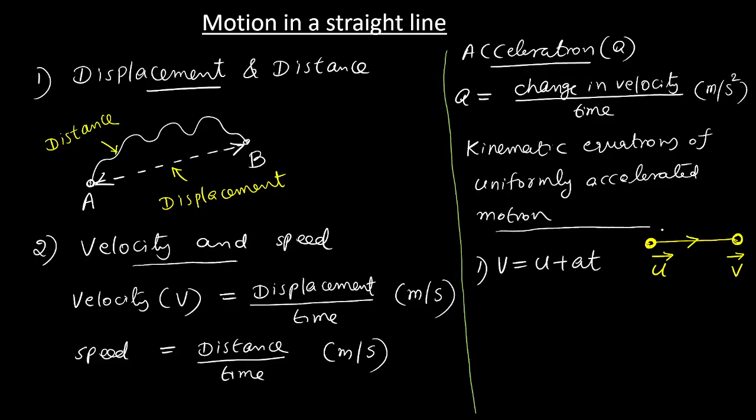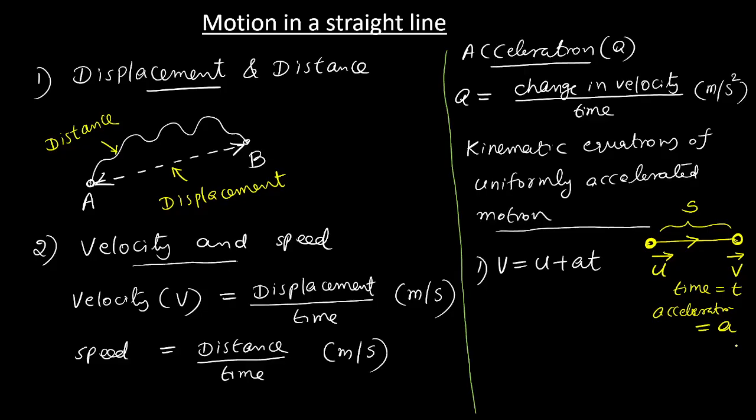Okay, so the displacement covered by the body, let it be s. The length between the initial and final, let it be s. And the time taken for this journey is t. And acceleration is a.